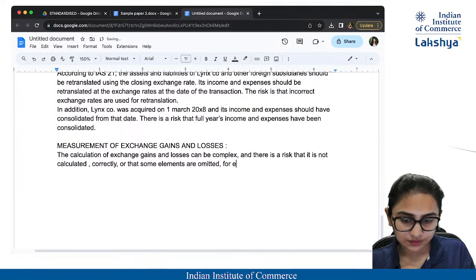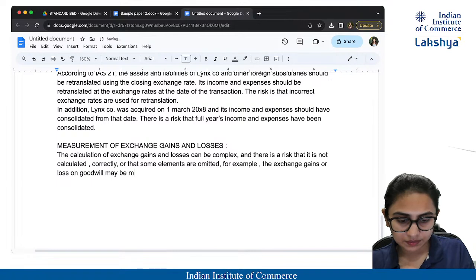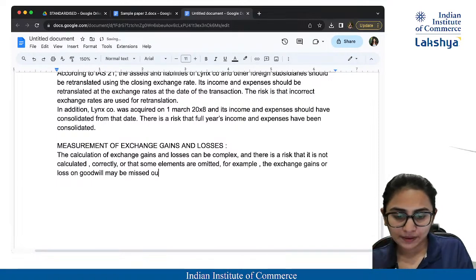For example, the exchange gains or loss on goodwill may be missed out of calculation.